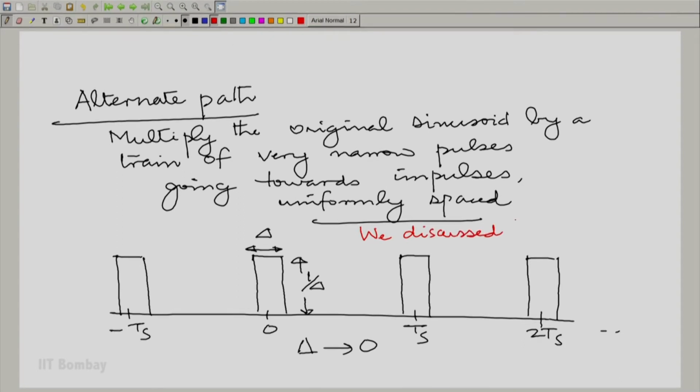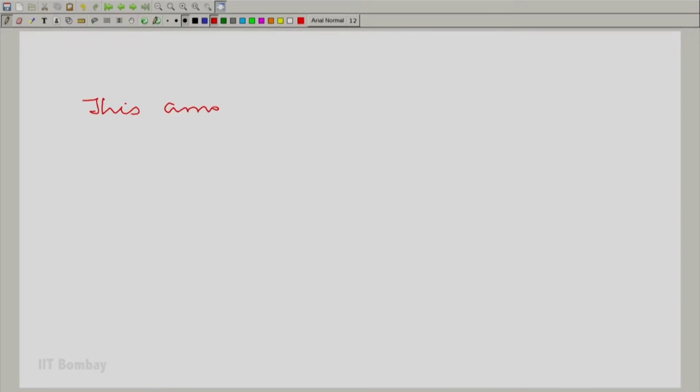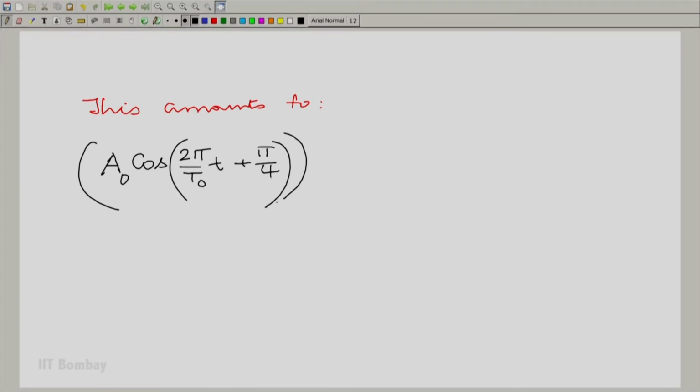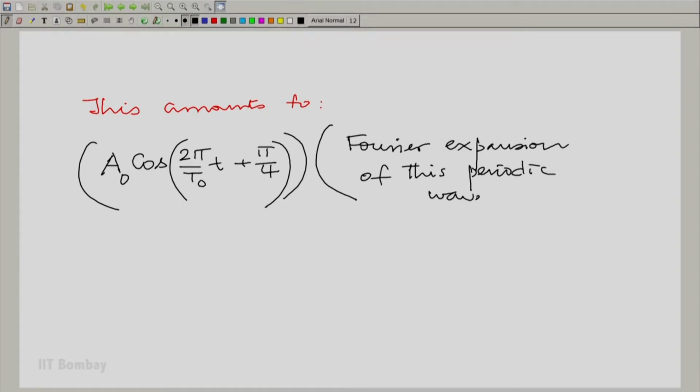We discussed this in session 8, and what did we see in session 8? We saw that essentially this means that you are going to multiply the original sinusoid by the Fourier expansion of this periodic waveform.